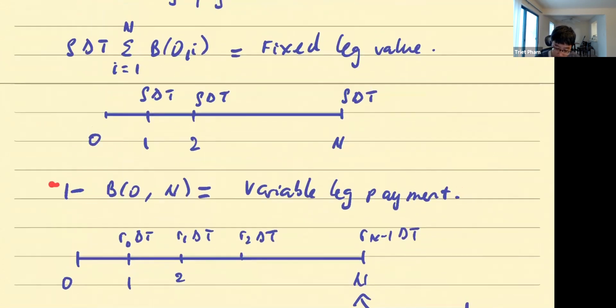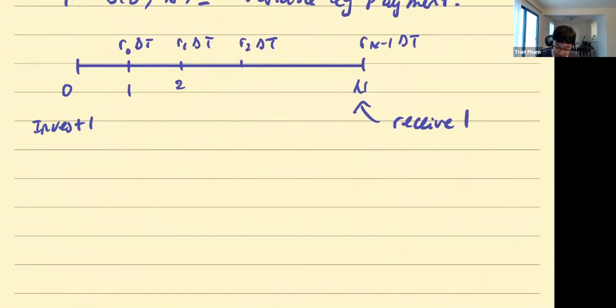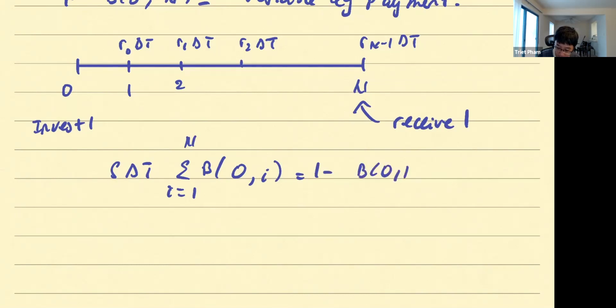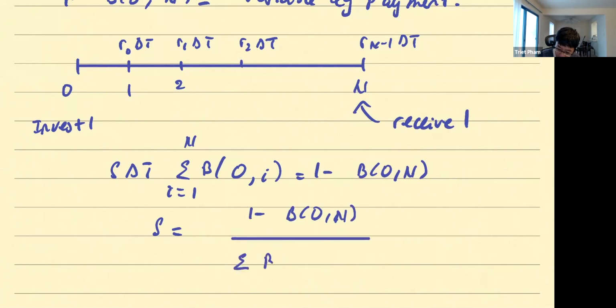And so all in all, these two should be equal in the sense that S delta T sum B0i, i from 1 to n, must be 1 minus B0n, or S will be 1 minus B0n divided by sum of B0i, i from 1 to n, like that.